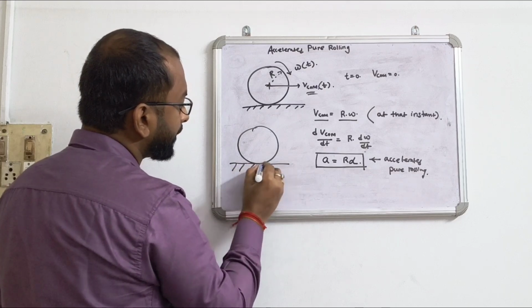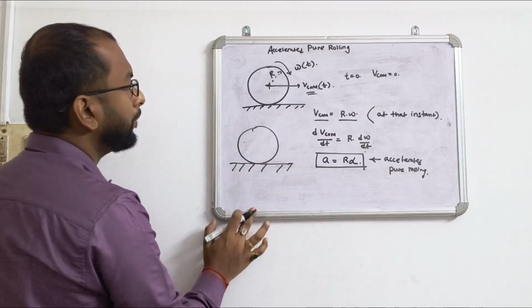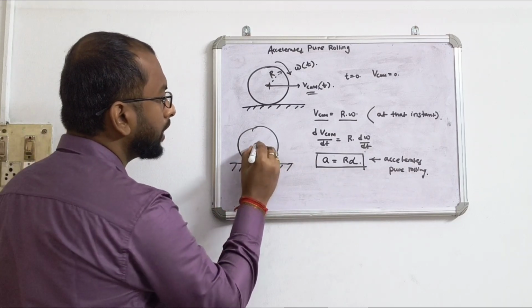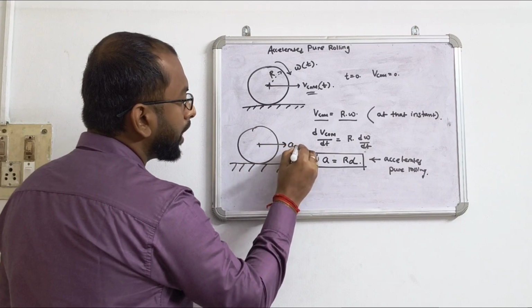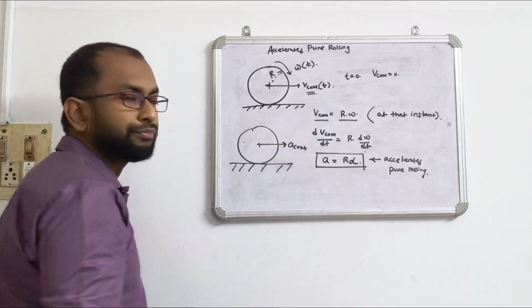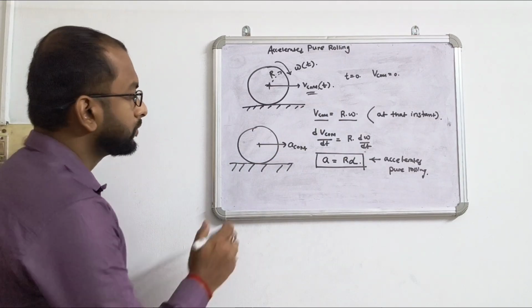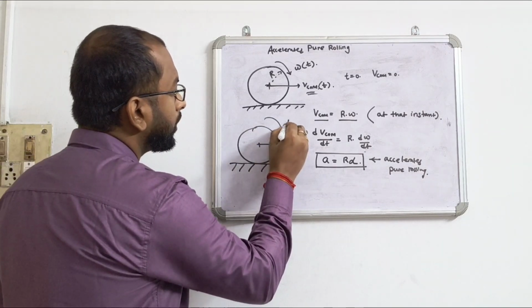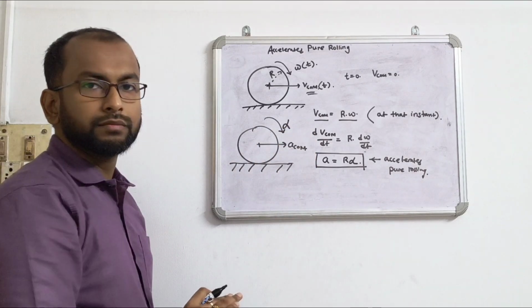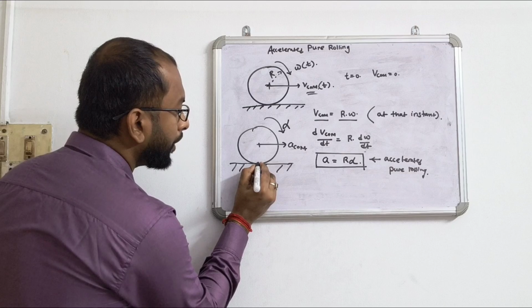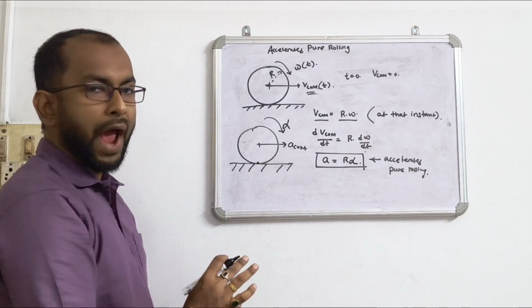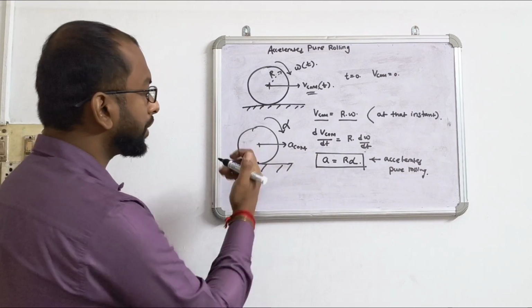So that means we can draw the same diagram, but instead we can write ACOM, and it is also having alpha angular acceleration. So at this point, what is going to be the acceleration in the opposite direction?